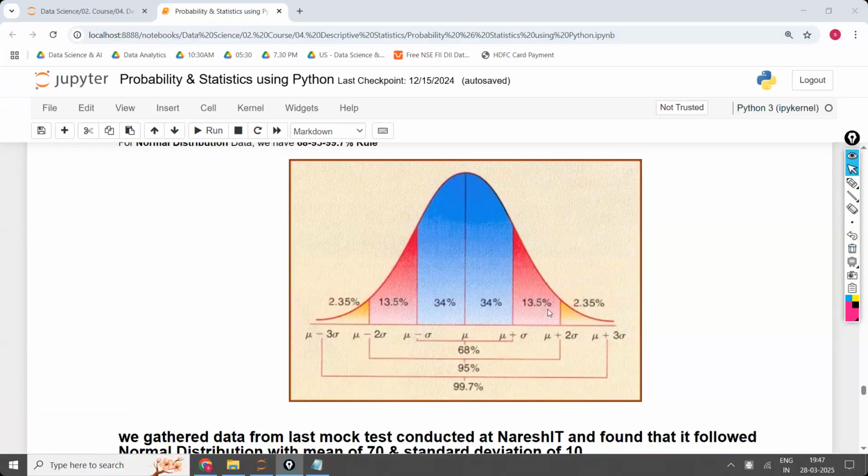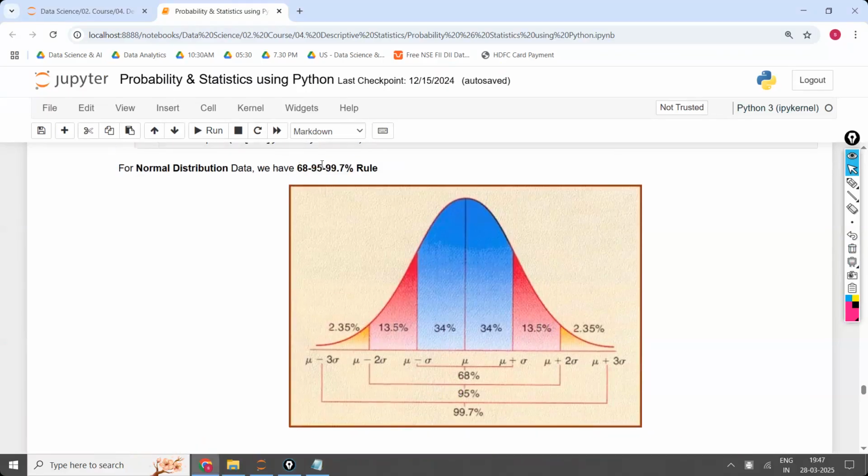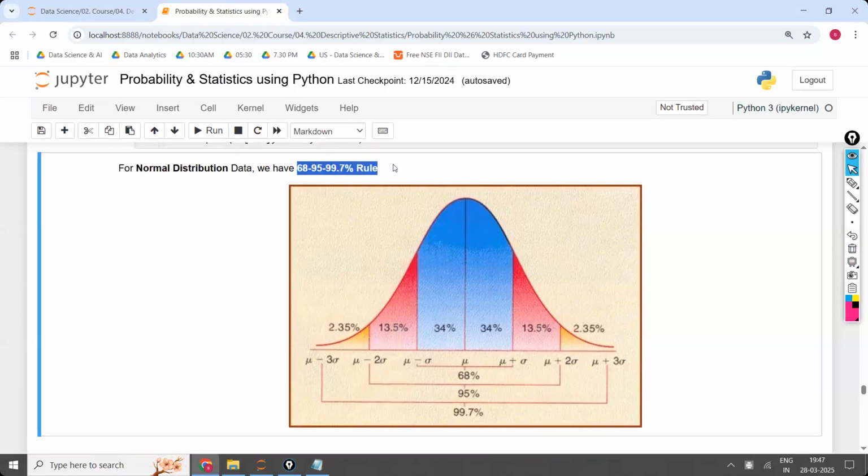It is always fixed. Now, this concept is called the 68, 95, 99.7% rule. Point is clear, guys? Now, what does this 68, 95, 99.7% rule mean?